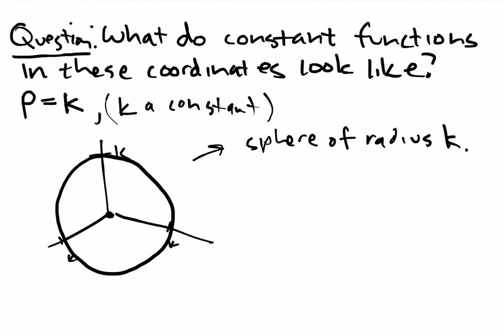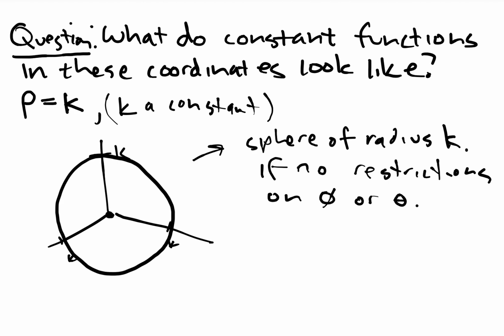So if we got a negative k, specifying pretty much open range, any angles allowed, we would get a sphere back of radius k, okay, if there are no restrictions on phi or theta.